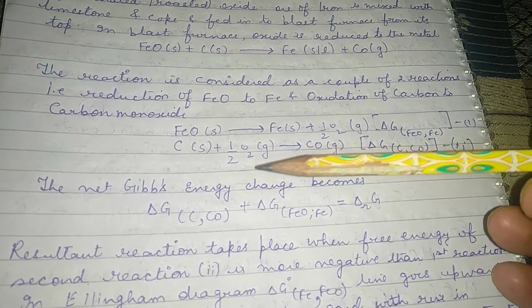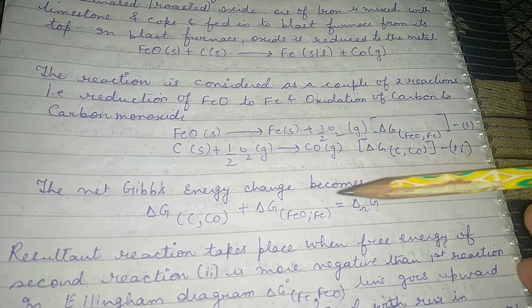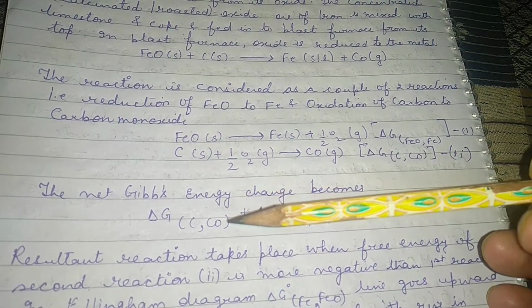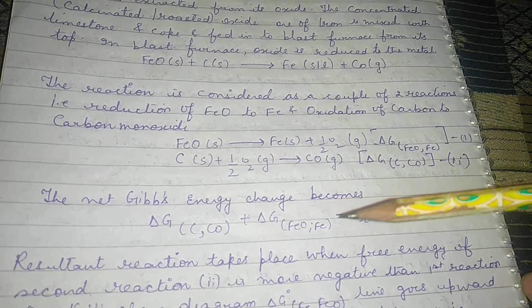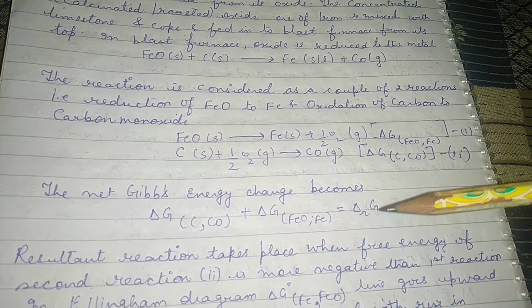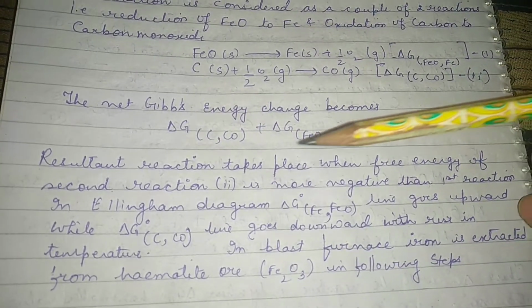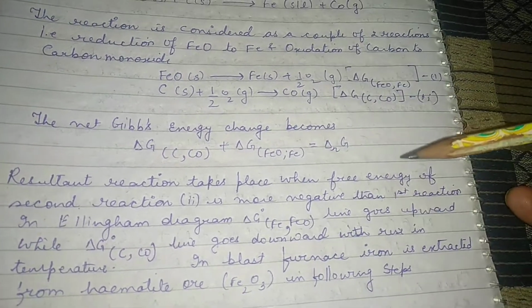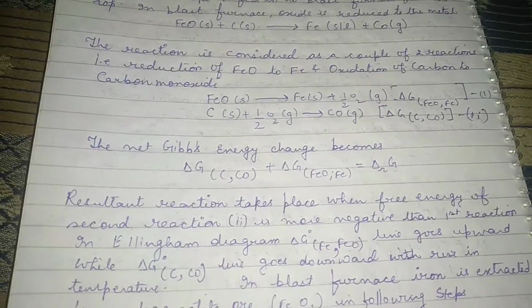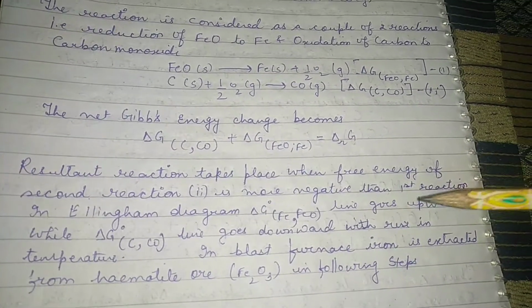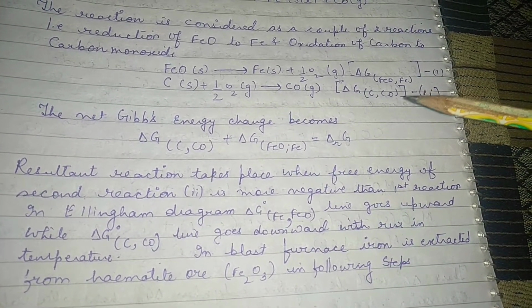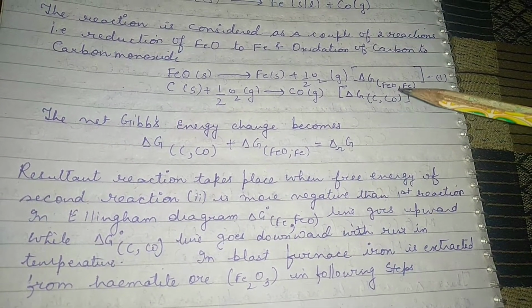Alright, the net Gibbs energy change becomes delta G for carbon to carbon monoxide plus iron oxide to iron, equal to delta G R, that is for the overall reaction. The resultant reaction takes place when the free energy of the second reaction is more negative than the first reaction.